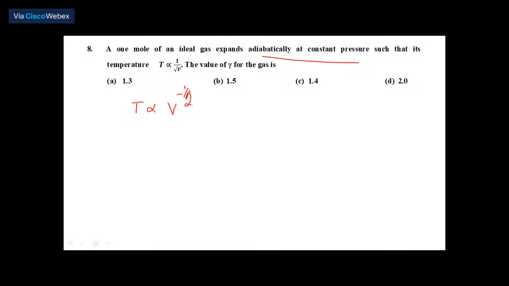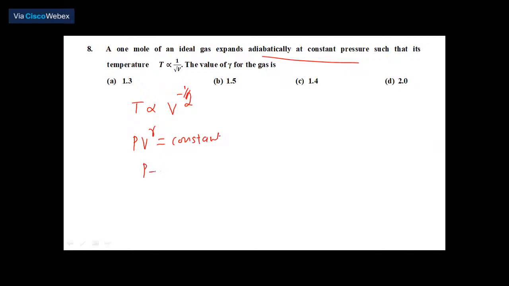Since it is an adiabatic expansion, we have PV to the power gamma is equal to a constant. But here pressure is a constant, right? We'll express the equation in terms of temperature and volume.